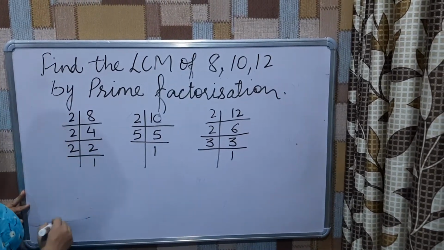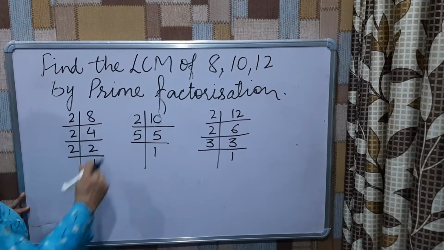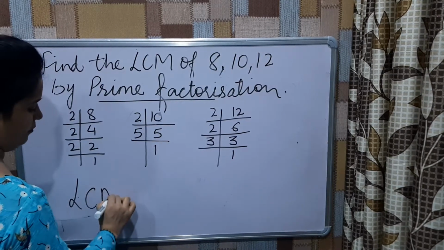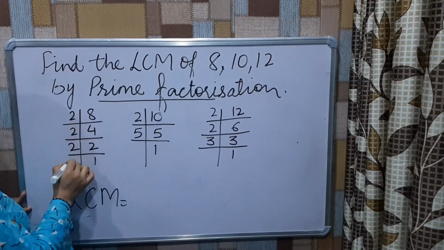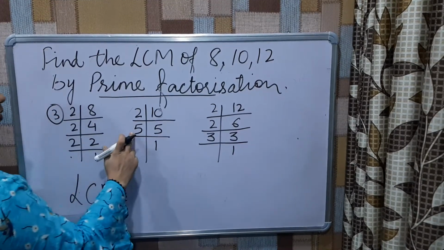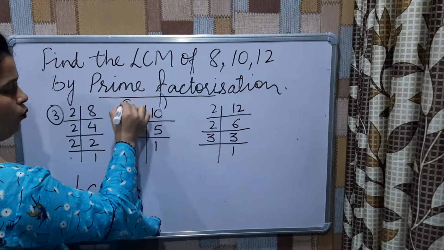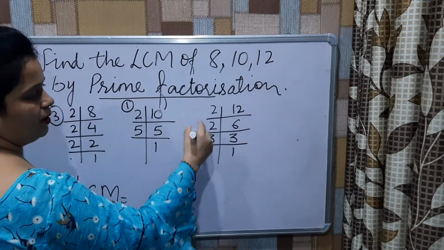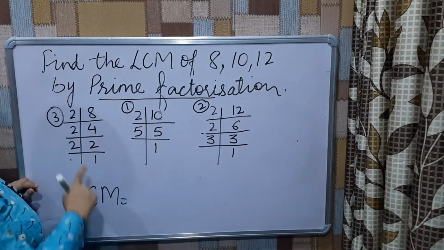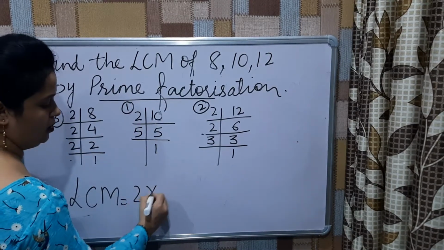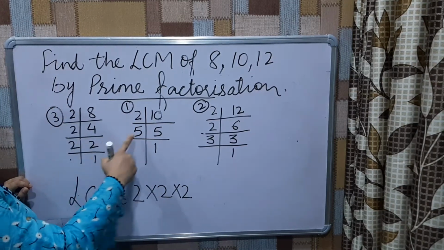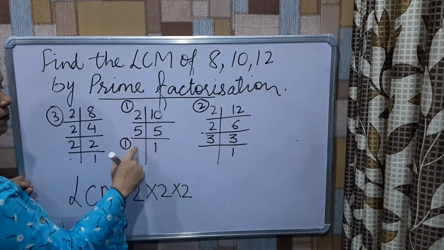Now when you have to find out the LCM by prime factorization method, you can directly find it from the prime factorization. How? Here you can see how many times 2 comes. It comes 3 times. Here how many times does 2 come? 1 time. And here it comes 2 times. So in which case does it appear the maximum times? Here, so I am going to write 2 into 2 into 2. Now another number after 2 is 5. It appears 1 time here only.